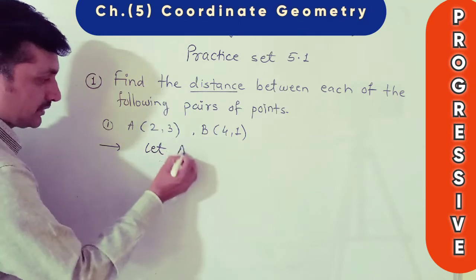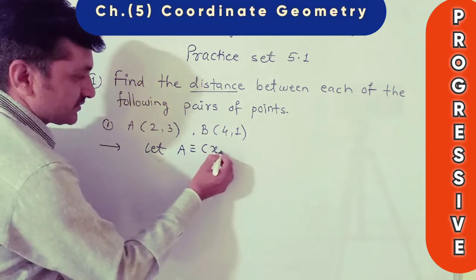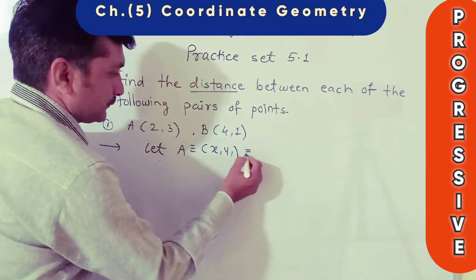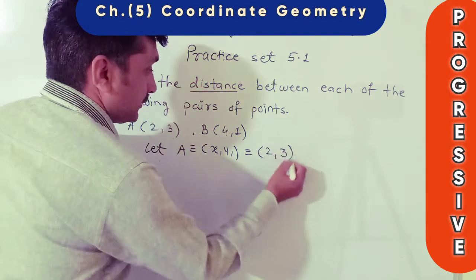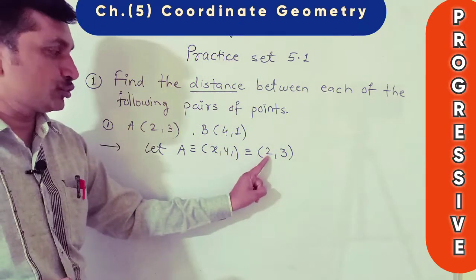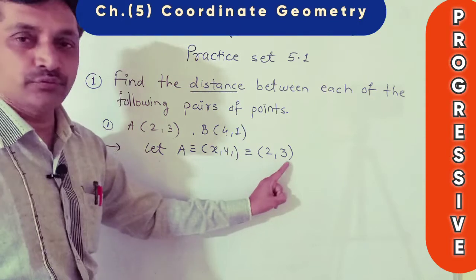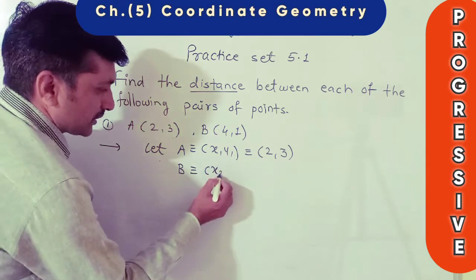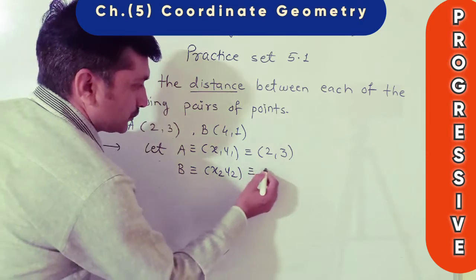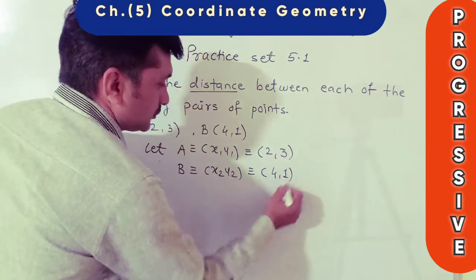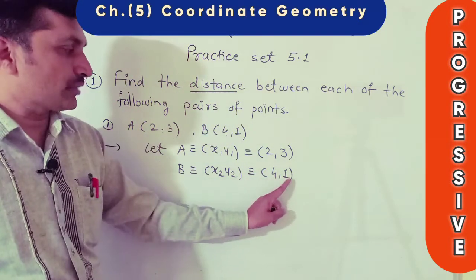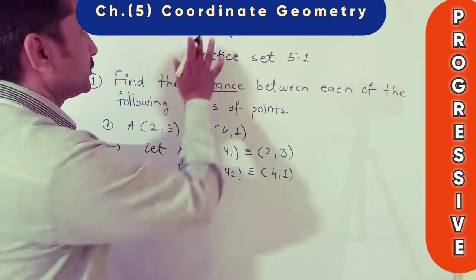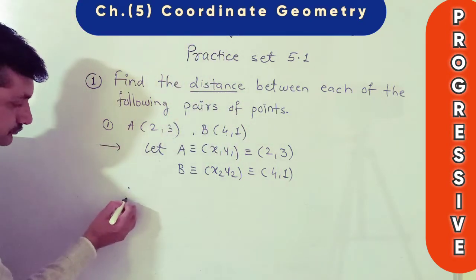Let A is equal to (x1, y1), and the points are 2, 3. It means x1 is equal to 2, y1 is equal to 3. B is equal to (x2, y2) is equal to (4, 1). x2 is equal to 4, y2 is equal to 1. Now this formula.